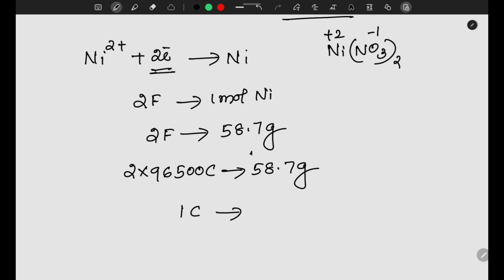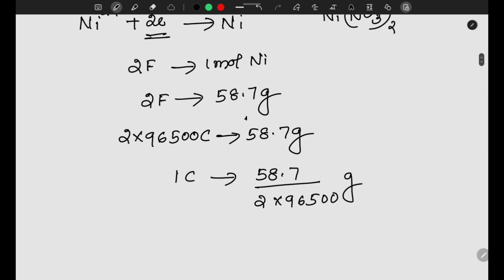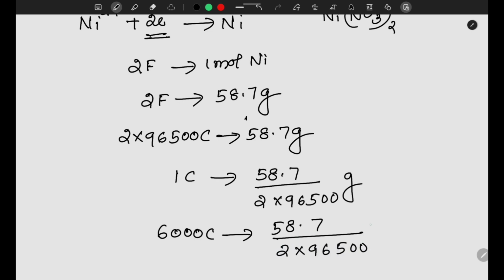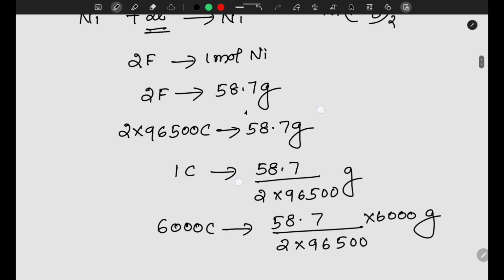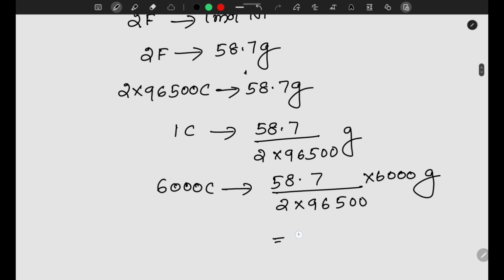So 1 Coulomb will give you 58.7 divided by 2 into 96,500 gram. Therefore, 6000 Coulomb will give you 58.7 divided by 2 into 96,500 into 6000 gram. So when we simplify, we will get 1.825 gram.